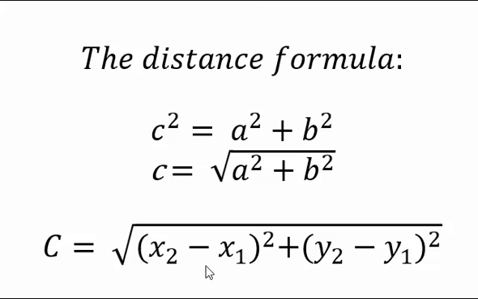That gives us one length of our side. Then we do the same thing for the y values, which gives y2 minus y1, the difference between their y values, is the length of the other side. If we square those, add them up, take the square root of the whole thing, we'll end up with the hypotenuse, or the distance between the 2 points.